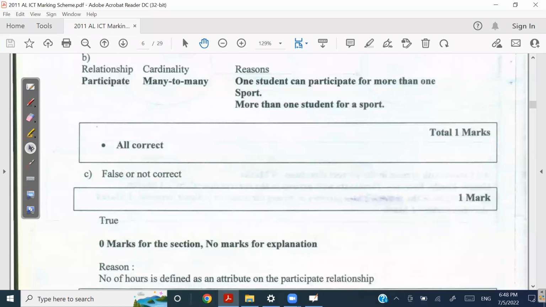Cardinality must be illustrated as a many to many. Even you can say M to N kind of things, it doesn't matter. And reason, it should be a proper one. And in this question, you have the explanation. You can copy the explanation from the question into here without changing a word, right?